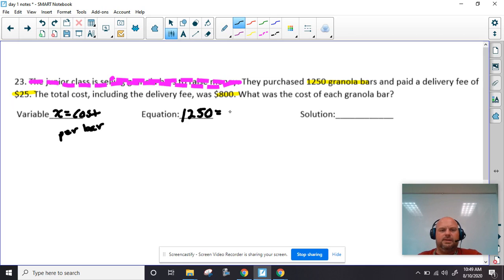And the delivery fee, no, let's not do that. This should be beside our variable because that's how many we bought. And we're trying to find out the cost per bar, right? Think about it. All right, they paid this much and the total was this much.